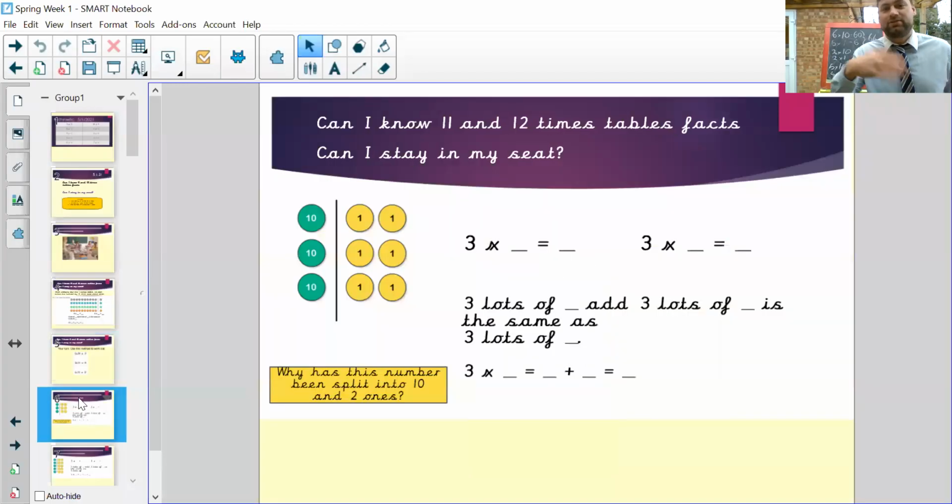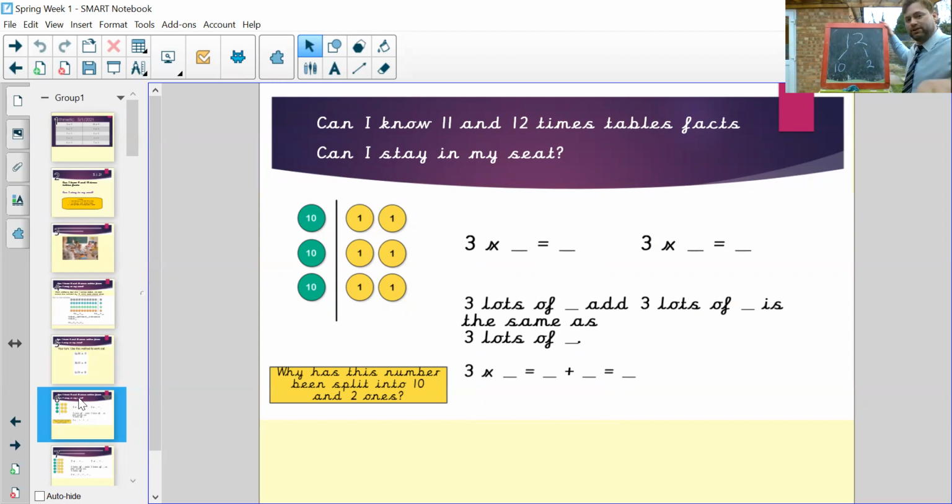Okay, now with the 12 times table, it's a little bit different. The number 12, we can partition into 1 lot of 10 and 2 ones. Okay, remember this when we're doing these questions.